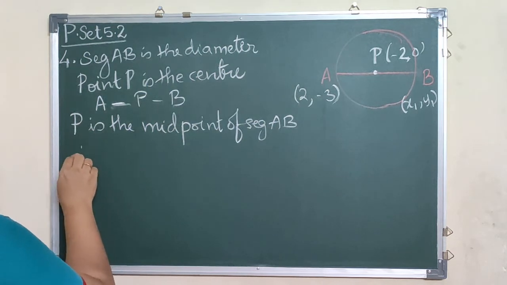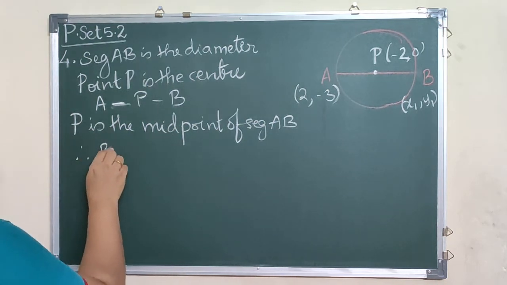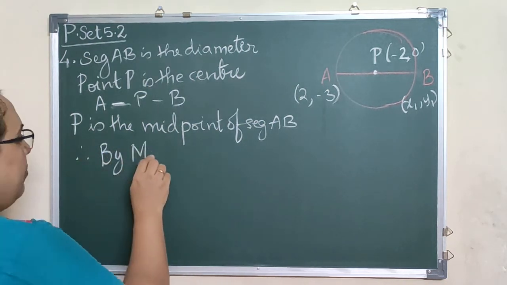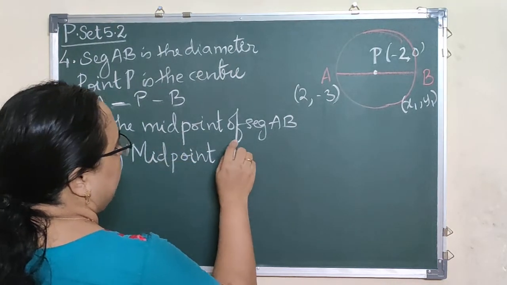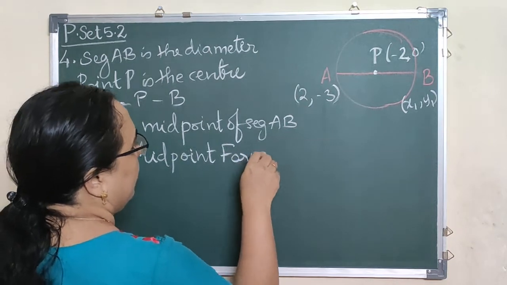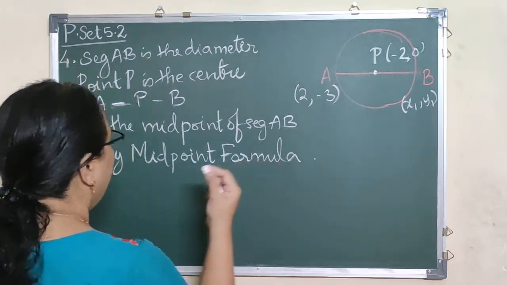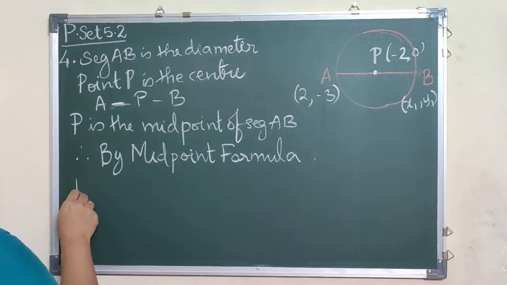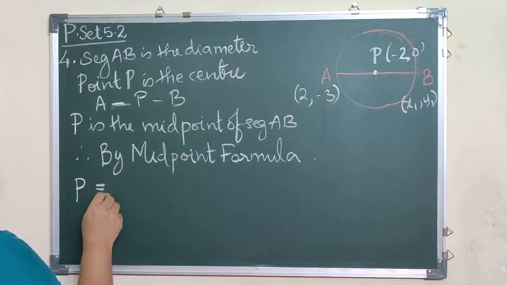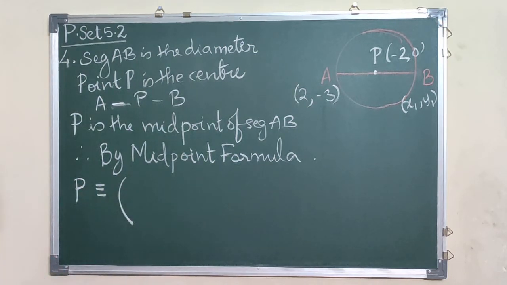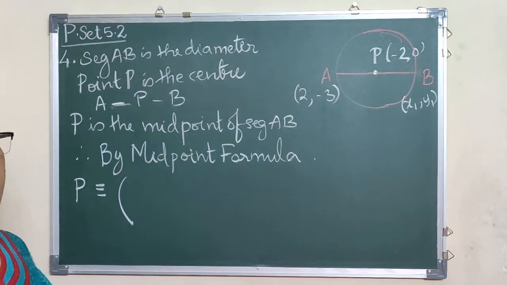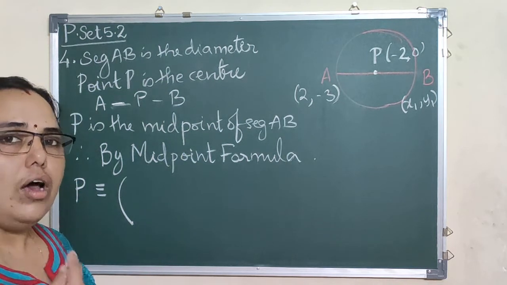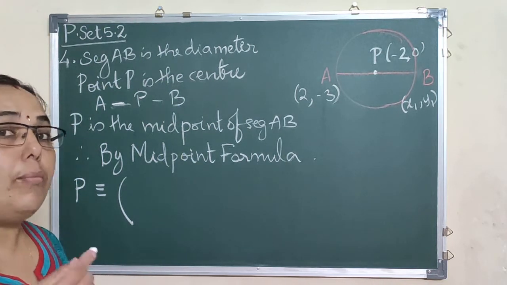Therefore, how can we find it? By the midpoint formula. Girls, we have started with the second formula now. According to the formula, P's coordinate is (x1 plus x2 upon 2, y1 plus y2 upon 2).